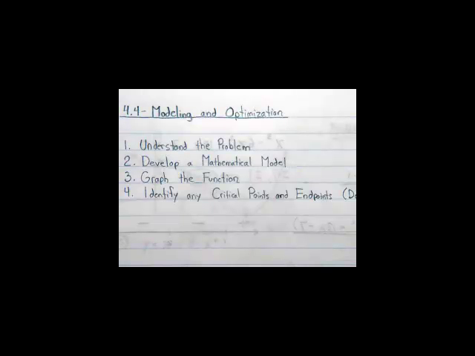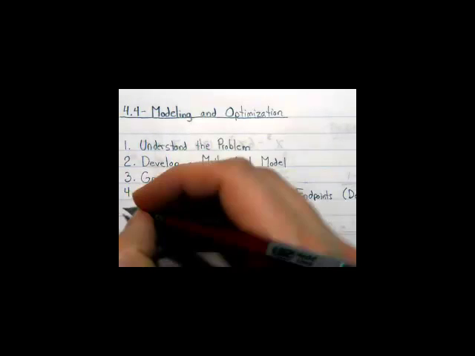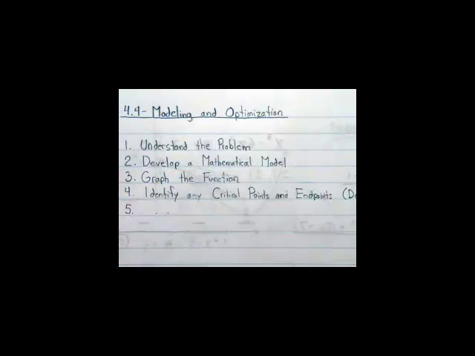So if you have some kind of restriction on what you're allowed to use for your variable, you're going to want to restrict what your domain is, and that could create some endpoints that could be maxes or mins as well, right? We've looked at that before. When we're looking for critical points, we're looking for maxes and mins. Could be something in the interior of the interval, or it could be something out on the edge on one of the endpoints. So we got to consider that stuff too. Number 5, solve the mathematical model.